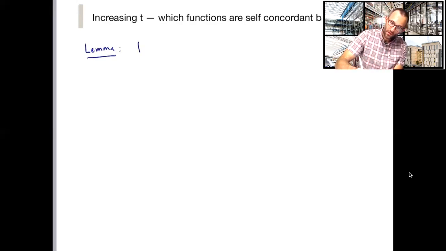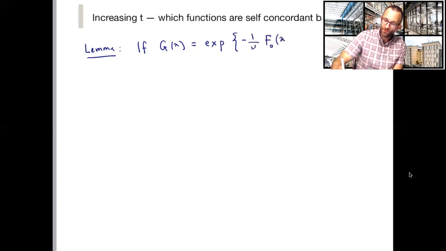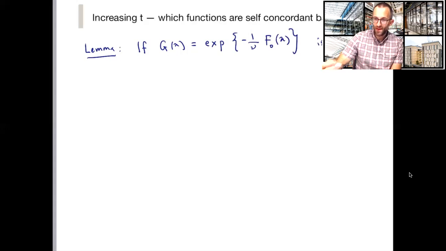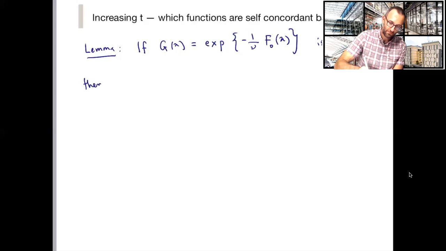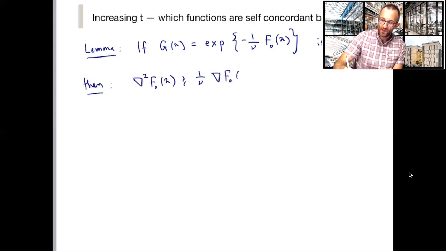The lemma says that if a function g of x has this particular log concavity property, so if g of x is equal to e to the 1 over nu f of x is concave, so in other words, if f has this log concavity property, then the Hessian of f has the required property: lower bounded in the semi-definite ordering by 1 over nu times the gradient of f0 gradient of f0 transpose.